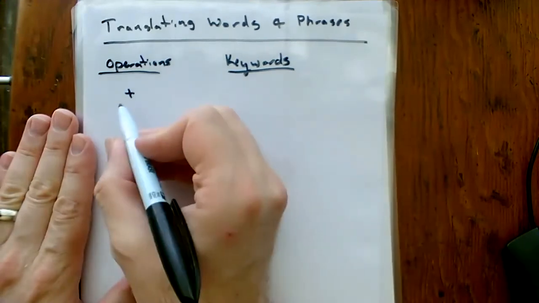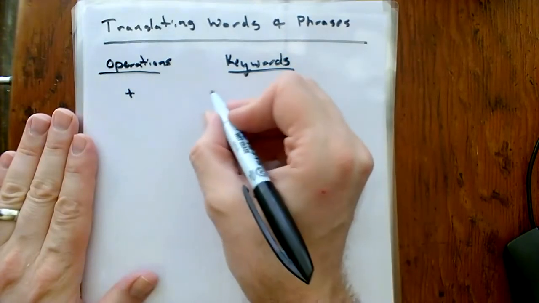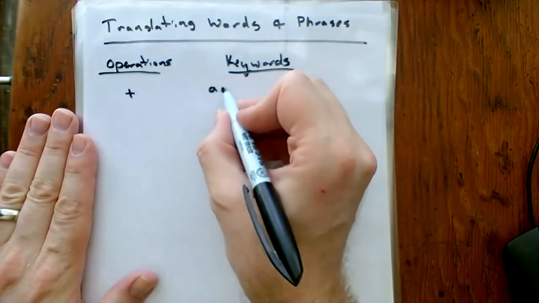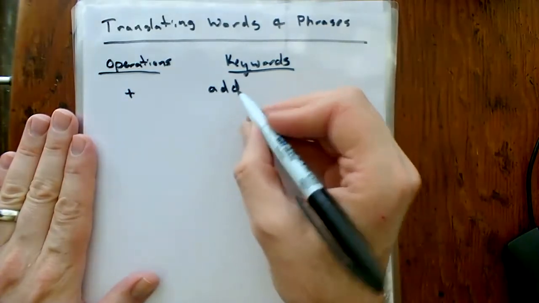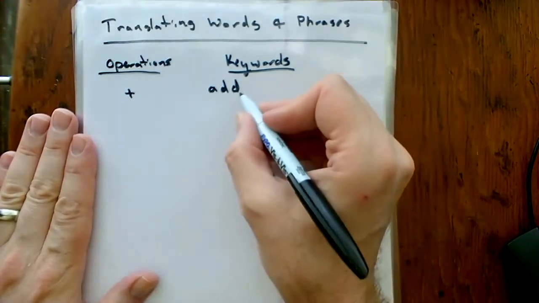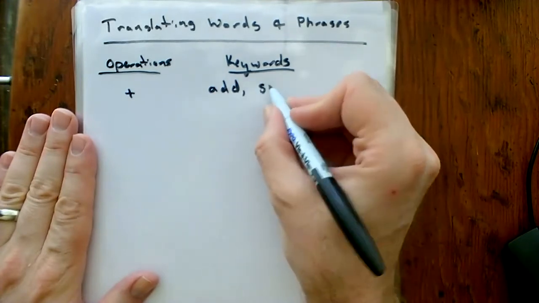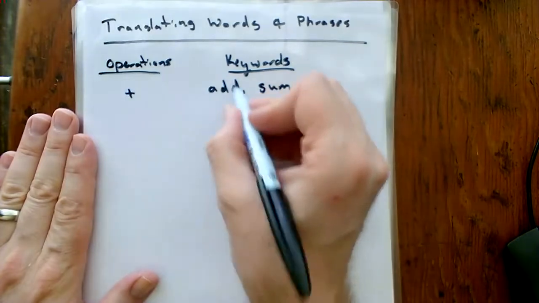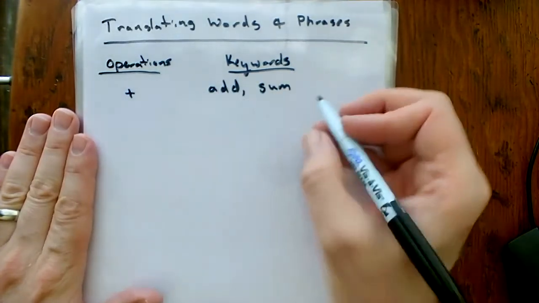And the first thing that I'm going to talk about is things like addition. I'm going to talk about add. And sometimes you'll hear added to. Another really good one is sum. So add, addition is the operation. Sum is the answer of addition.